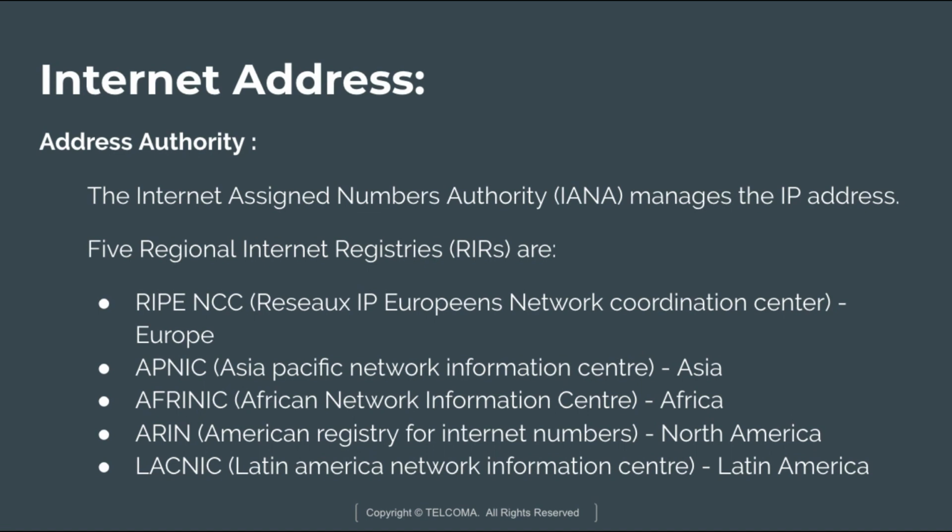The RIR gets the defined IP range from IANA, the Internet Assigned Numbers Authority. So in this hierarchical form, a device requests the ISP, which passes the request to the particular RIR, and then the RIR forwards the request to IANA. In this way, the device gets an IP address from the range of IP addresses.